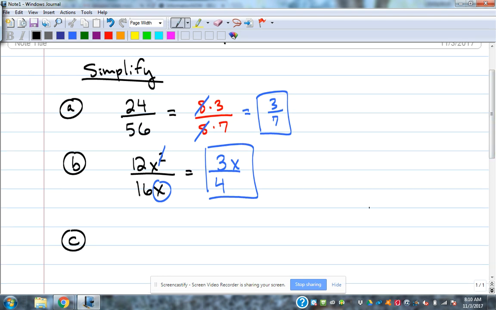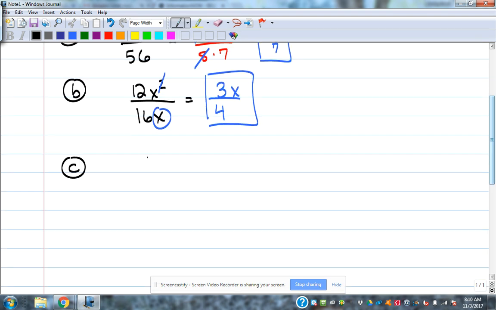Let's step it on up to maybe even still algebra 1 level, but getting more complicated as we go. So here's a factored form of polynomials involved, and we want to look at canceling matching factors, just the same way we were doing with the others.